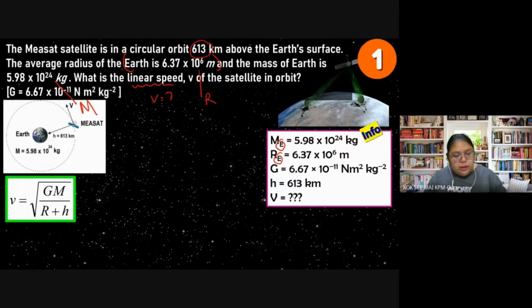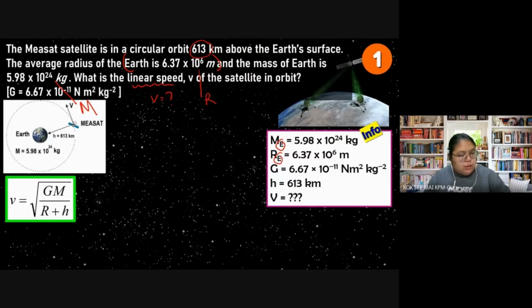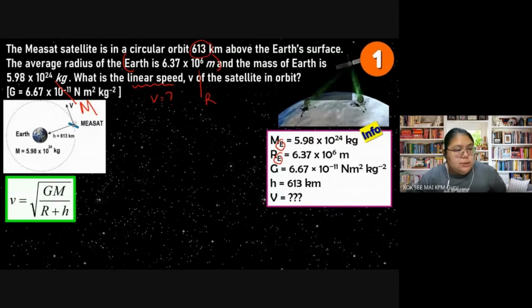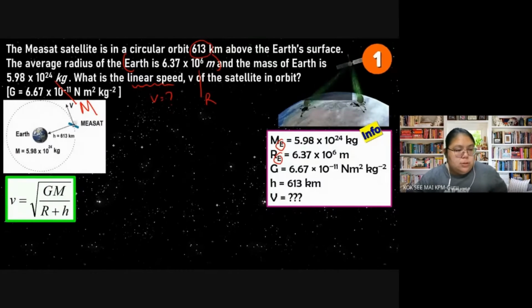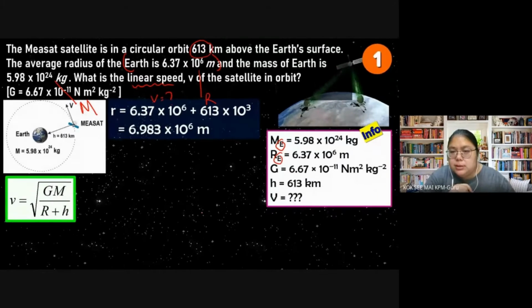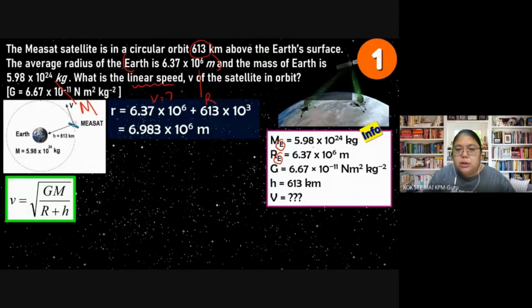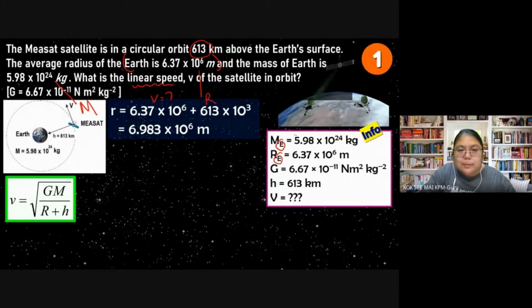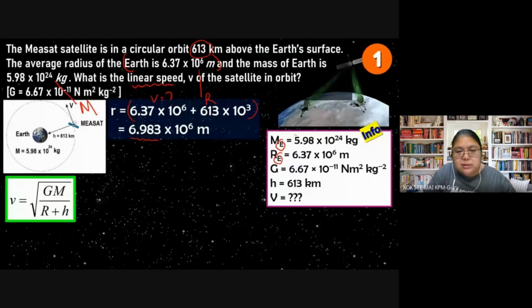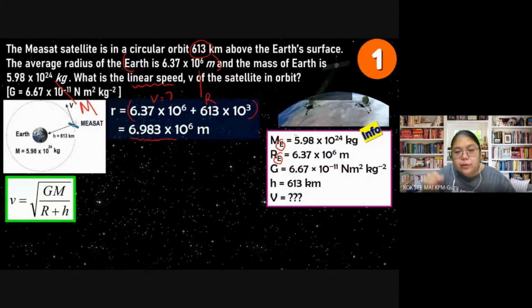Okay, so now you press your calculator, you see what's the answer for the V. Okay, I'm going to check the answer from Xiaoling. Xiaoling, can you do the calculation? Okay, remember when there's h, better you do that first because there's a plus. After you do that, then you get the R first, then it's easier for your calculation.